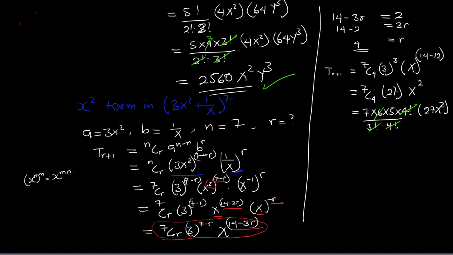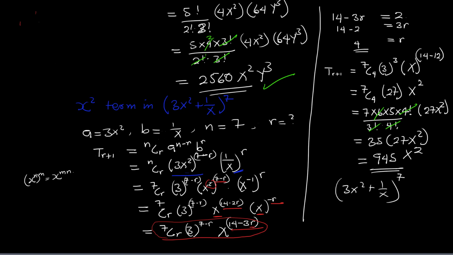So we have 35 times 27x squared. And that gives us 945x squared. The coefficient of x squared in the expansion of 3x squared plus 1 over x, all raised to the power 7, is given by this term here. The coefficient is 945.